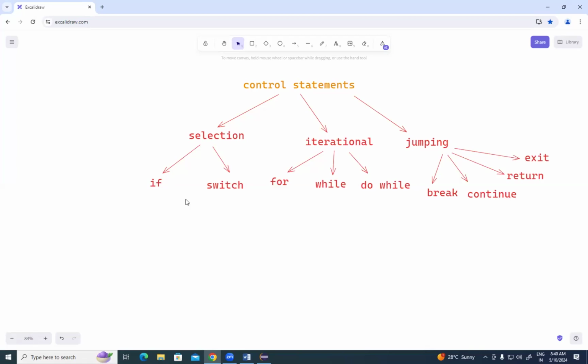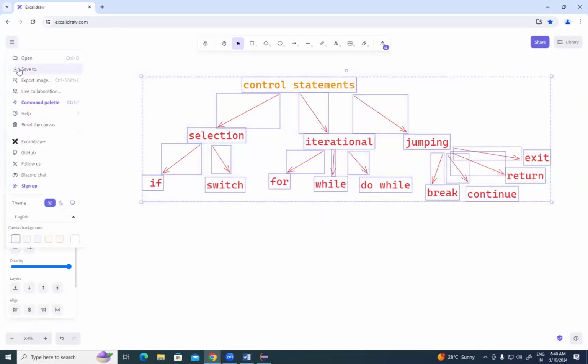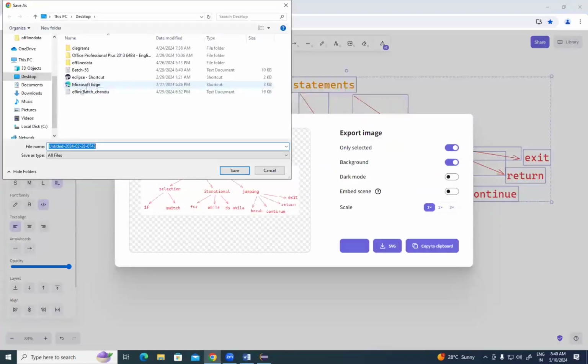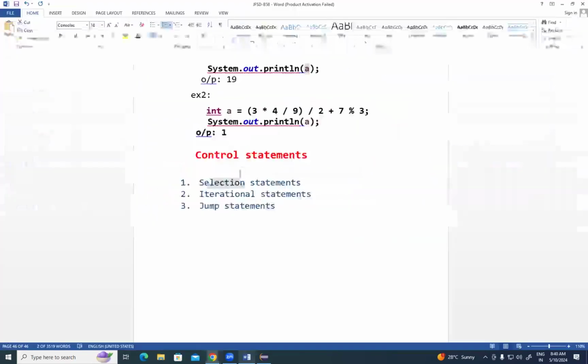But as of now, am I clear, folks? Is this diagram clear for you? So I just want to copy this diagram into a doc. Then we'll discuss about the if statement from next session. First, let me copy this into the document.